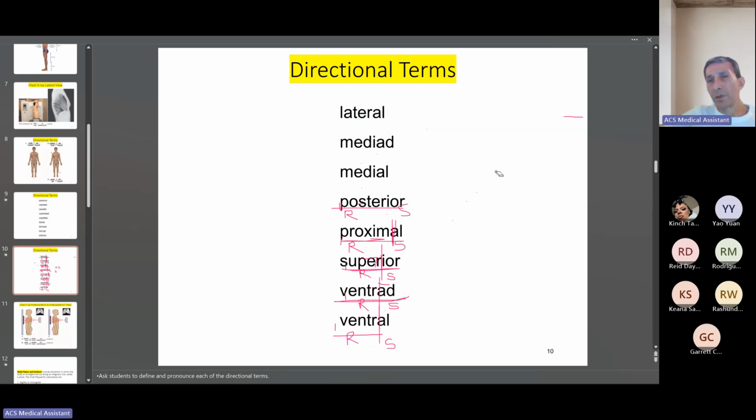So we need to understand what each part means, what the definition is, so we can use them correctly.